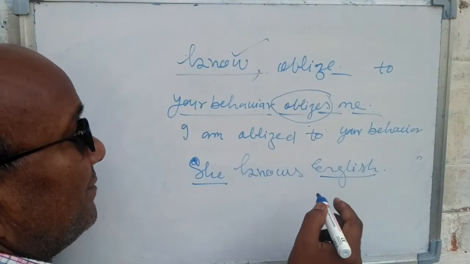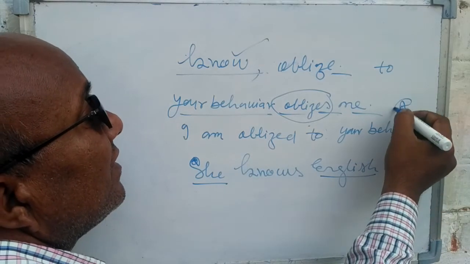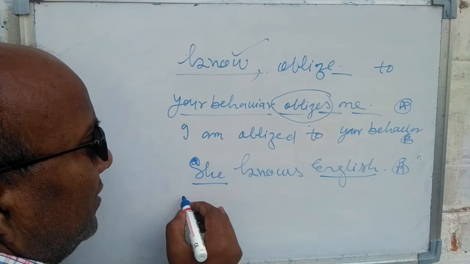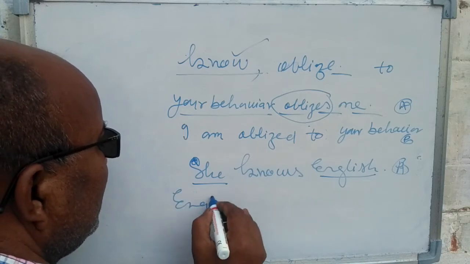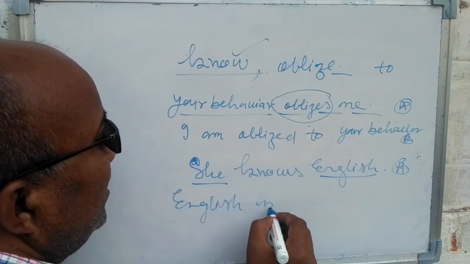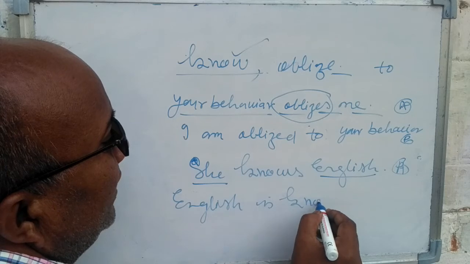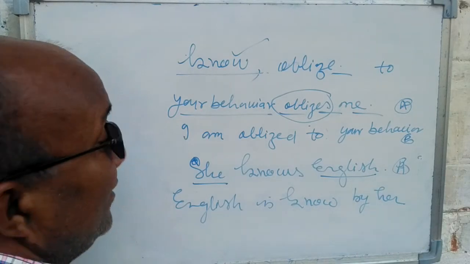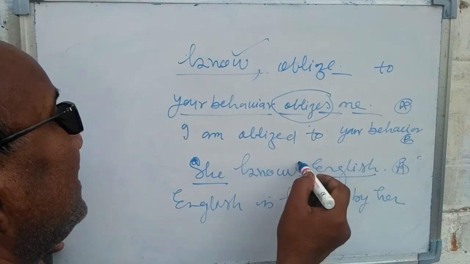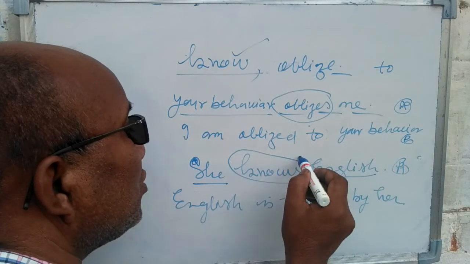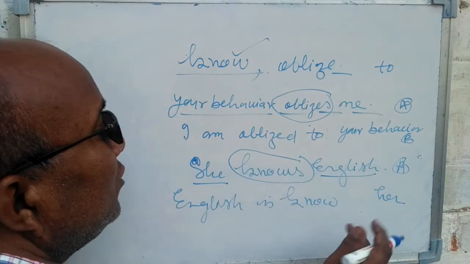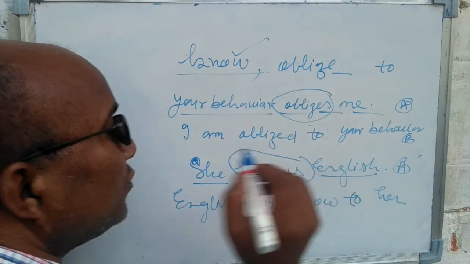What should be the passive voice of the sentence? English is known by her. But you see, here the main verb is know. Therefore, in place of by, you will use to.